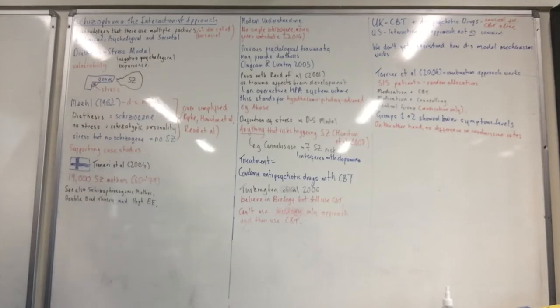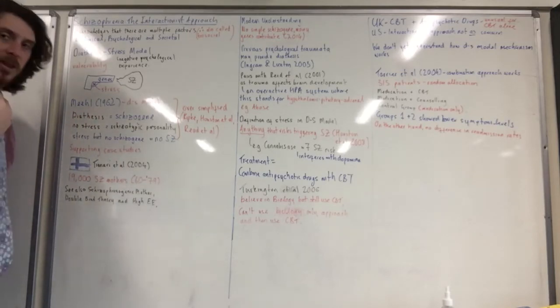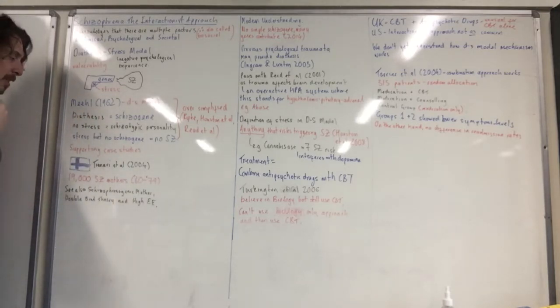The main person who started work on this was Meehl in 1962, an American psychologist, and what he worked on is the idea of the schizogene, the idea that people with schizophrenia have this disposition because of one gene known as the schizogene.